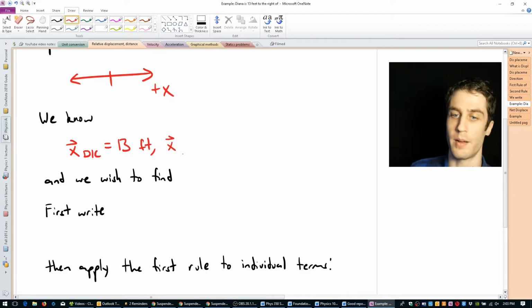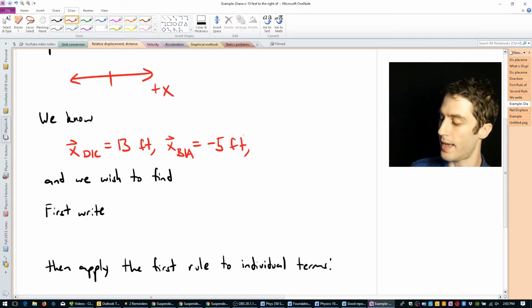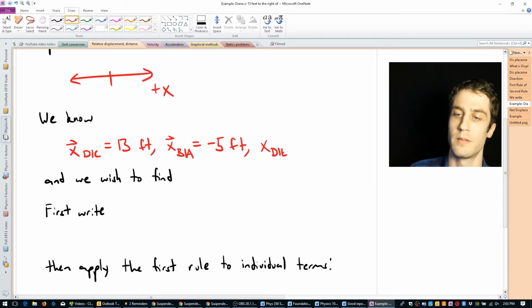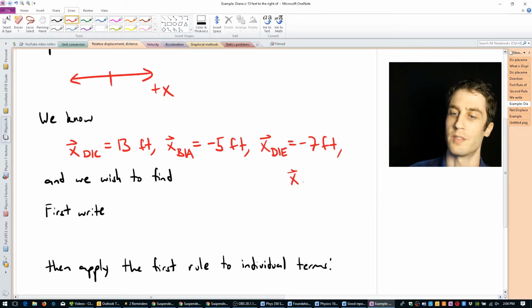X Bob relative to Alice is negative 5 feet. X Diana relative to Edward, which is not die, is -7 feet. And I'll squeeze it in down here. X Carl relative to Bob is equal to 2 feet.